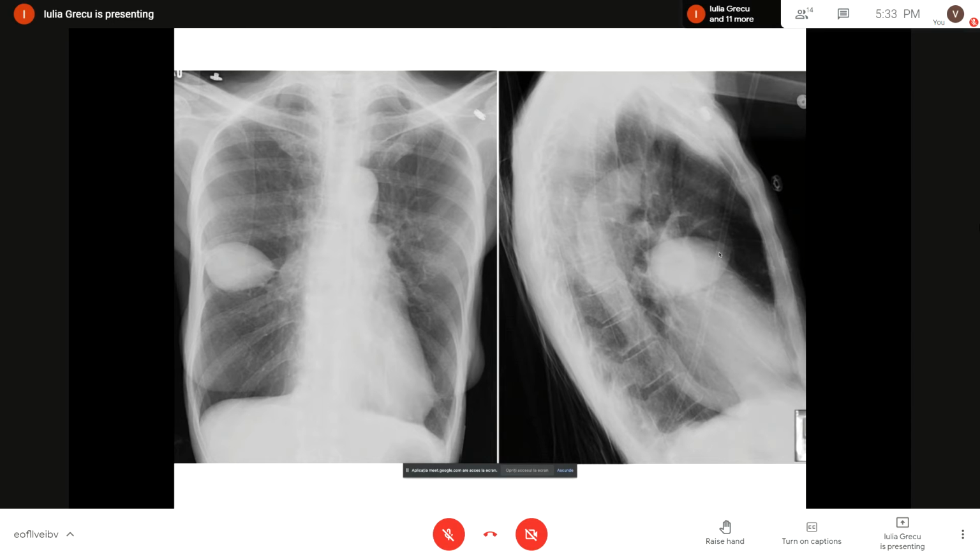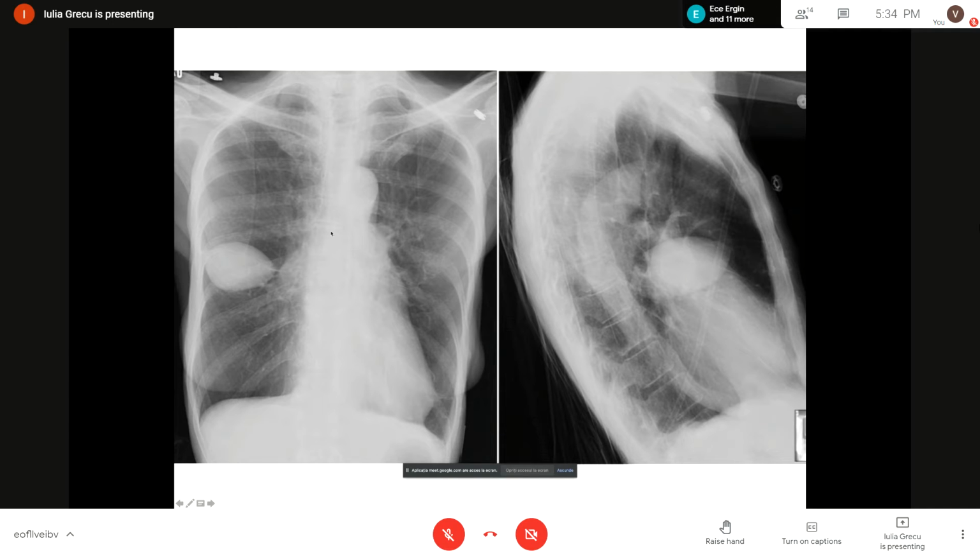So these views are very useful in describing and detecting the loculated pleural effusions, especially when they are located along the fissures of the lung. So in some cases in which we have a pleural effusion associated with some kind of previous diseases of the pleura, this fluid tends to accumulate and to loculate in some places.